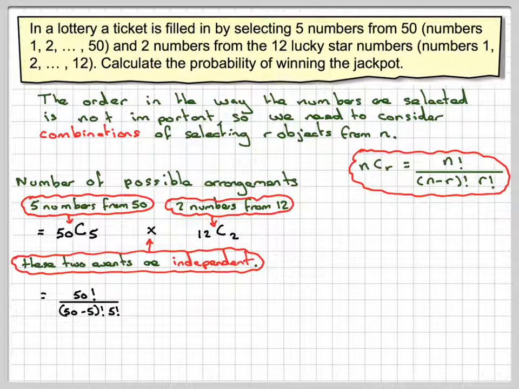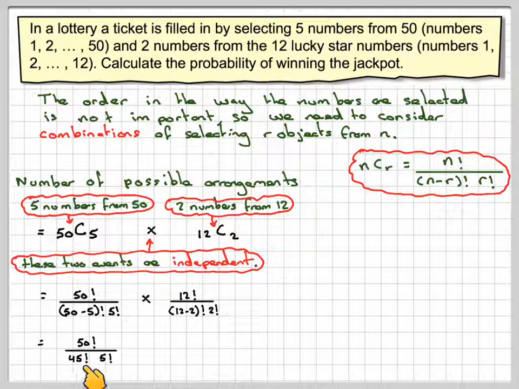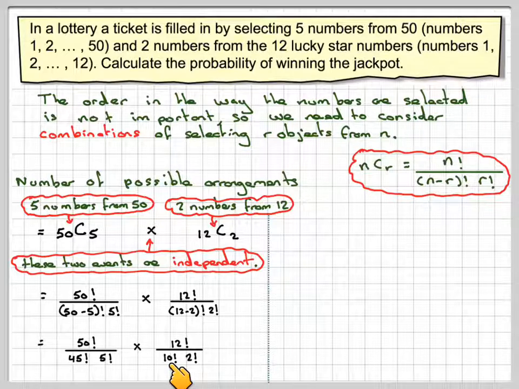Okay, so 50C5 is 50 factorial over 50 minus 5 all factorial times 5 factorial, using this formula here, times 12 factorial over 12 minus 2 factorial times 2 factorial. This becomes 50 factorial divided by 45 factorial times 5 factorial, and this becomes 12 factorial over 10 factorial times 2 factorial.